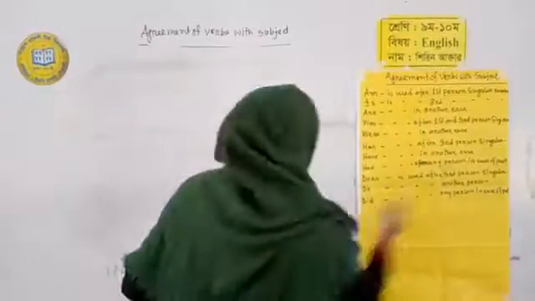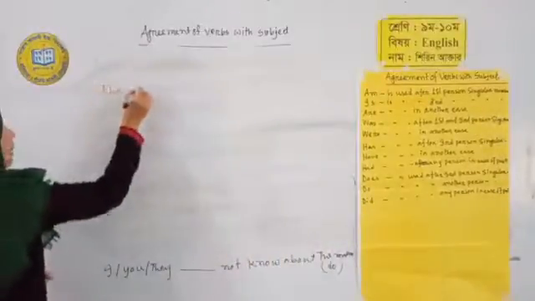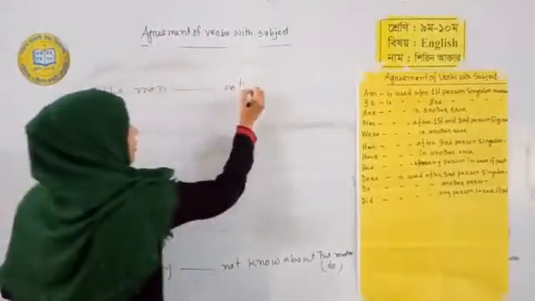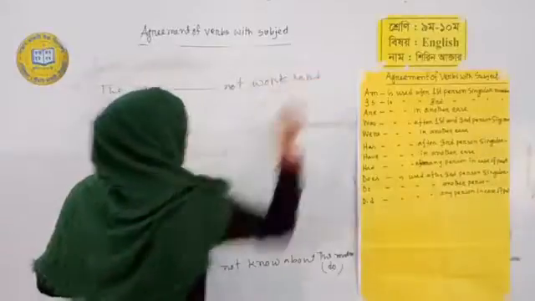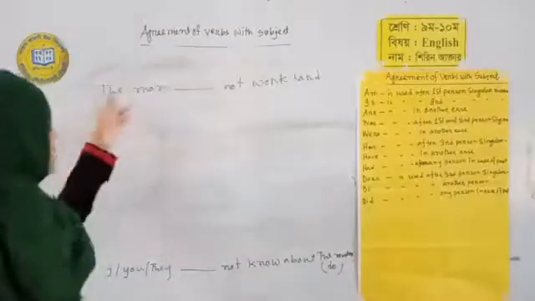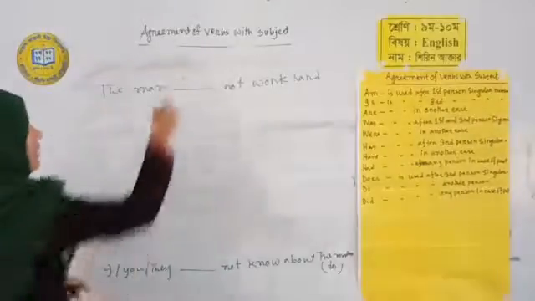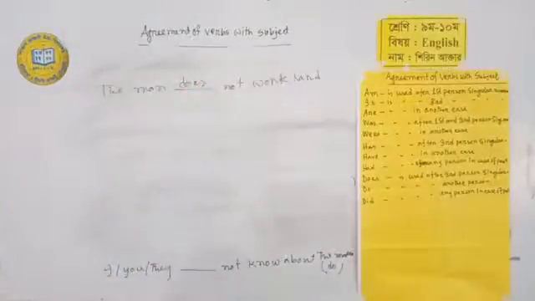Now where is does used? Does is used after third person singular number. Here: The man does not work hard. The man is third person singular number, so we have to use does here, does not.